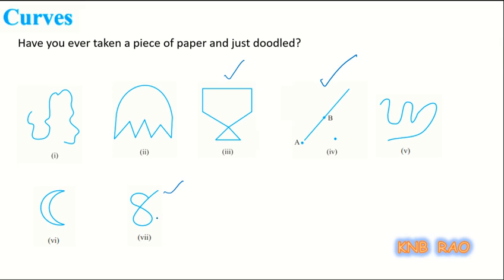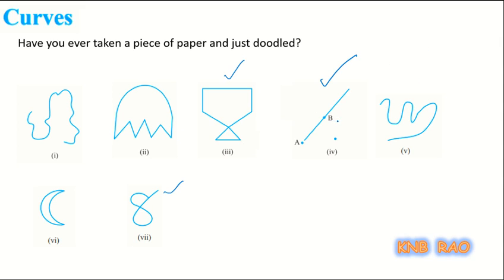This seventh one looks like 8, correct? In this third one you could observe that the curve is crossing itself, whereas here it is not crossing.